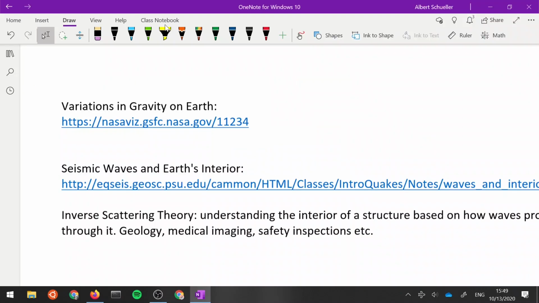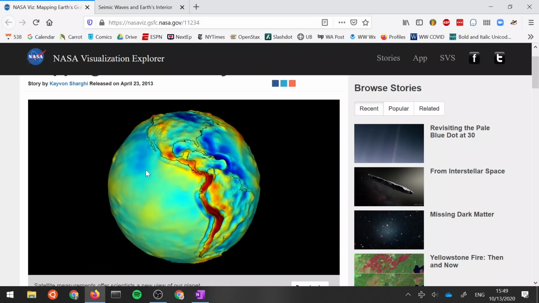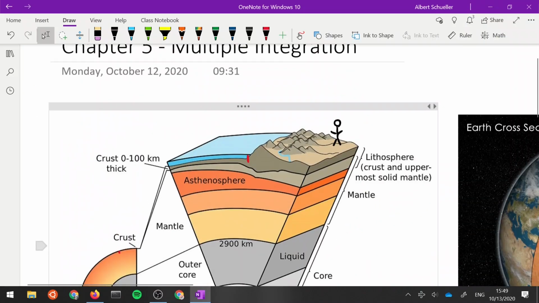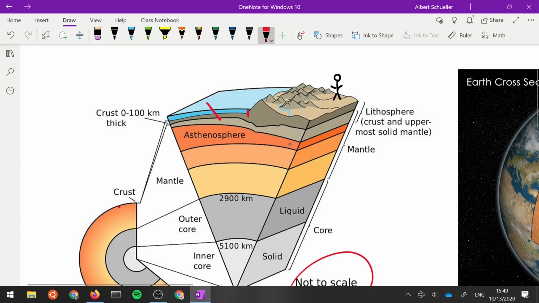So that's one way. Another really interesting way is using seismic waves to understand the Earth's interior. So what happens in seismic waves, and let me go back to the diagram here. Let's say there's an earthquake that happens right here, big earthquake. What happens in that situation is you get waves of motion going through the earth.